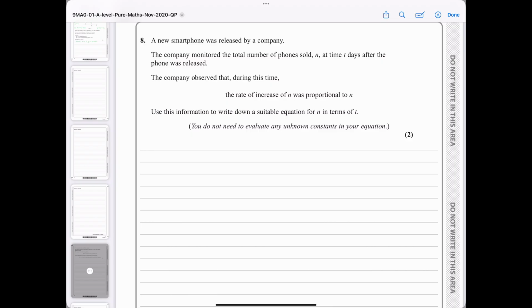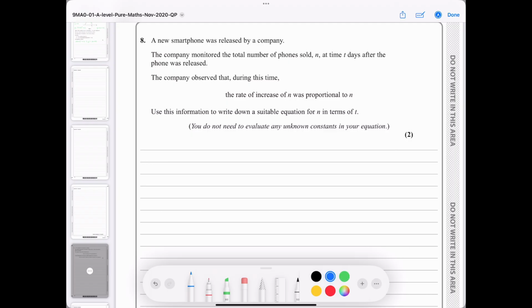Oh, well, there's going to be plenty of unknown constants, so we're going to have to use e, because I'm assuming it will either start selling really well and go down, or the other way, so e to the power kt.